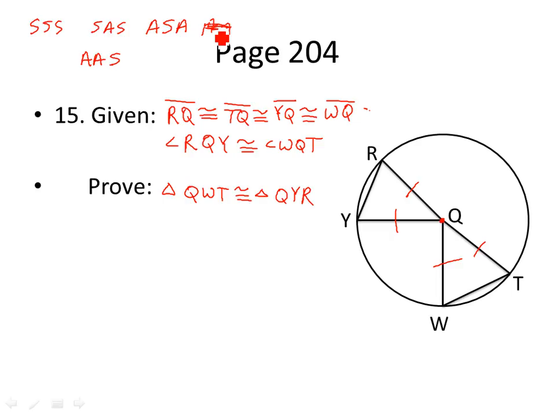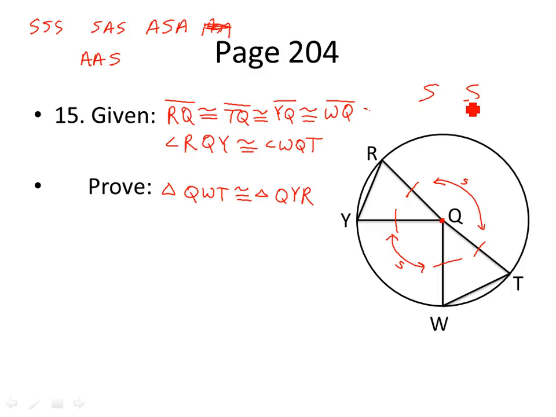Well, looking at our 2 triangles here that we're trying to prove congruent, we already know one pair of what here? Sides. So that's a pair of sides. And then we know another pair of sides. So right now we have an S and an S. Is that enough to say that the two triangles are congruent?